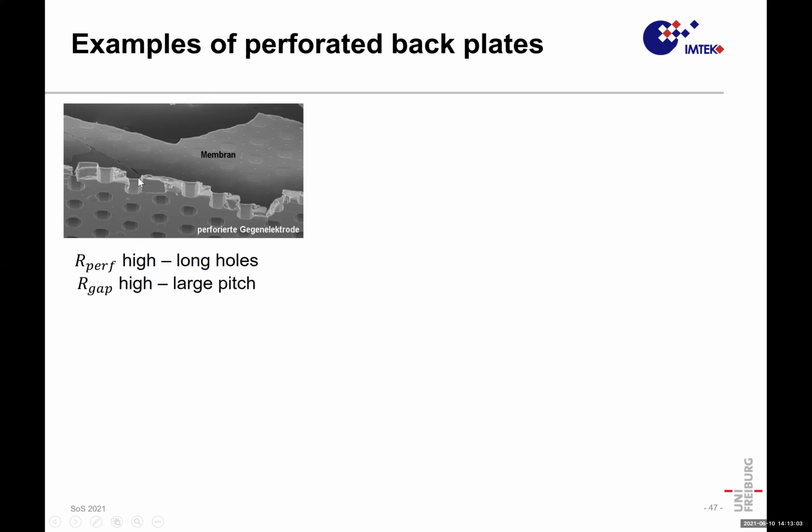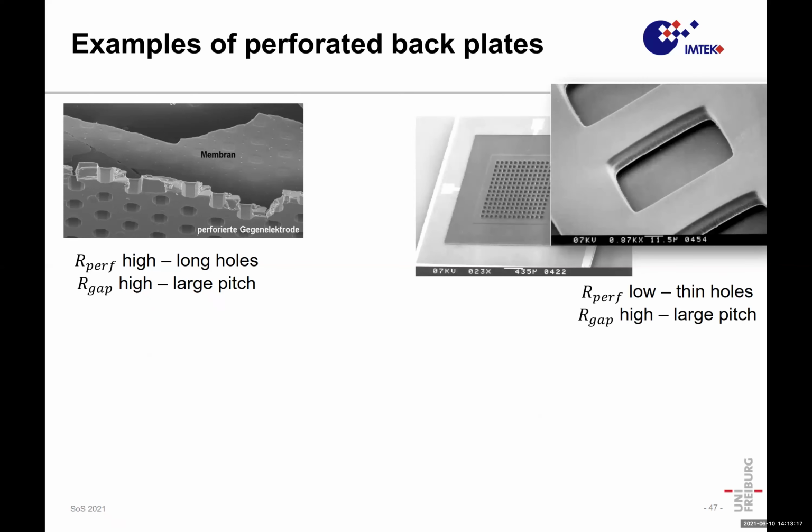You see here long holes, so the thick plate with holes inside. The gap, yeah, they could be more narrow, so it's a low perforation grade. It's a long tube. It's not a very good situation for perforation. And those guys have already much wider holes, but frankly spoken, this is something like 20 micrometer wide holes and 20 micrometer wide bridges in between.